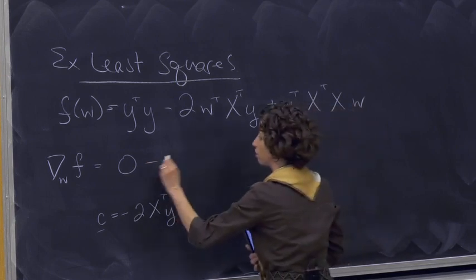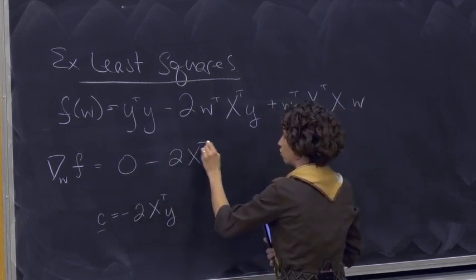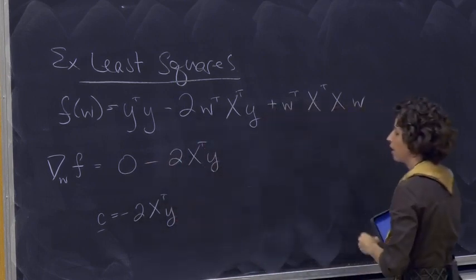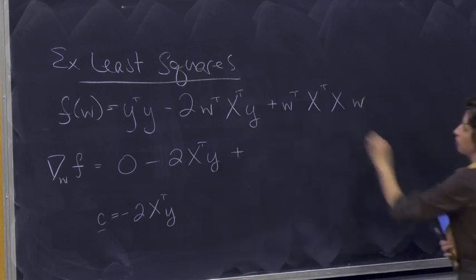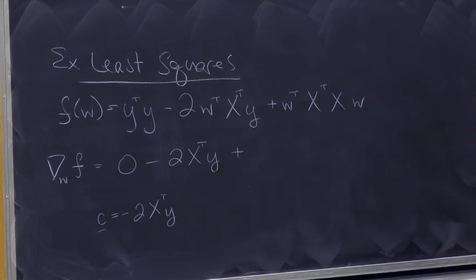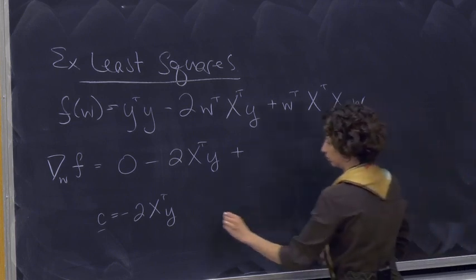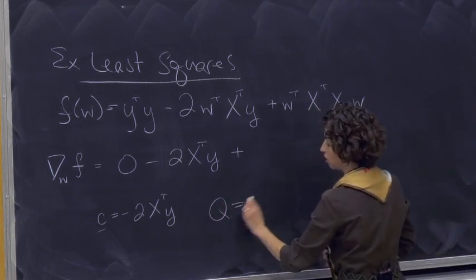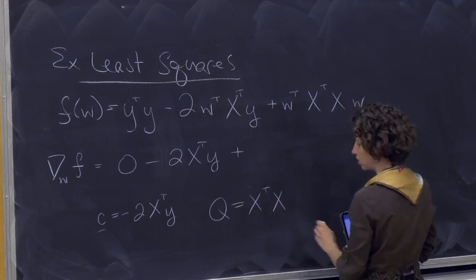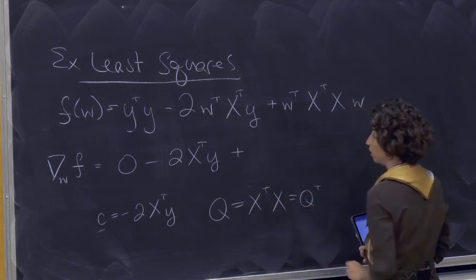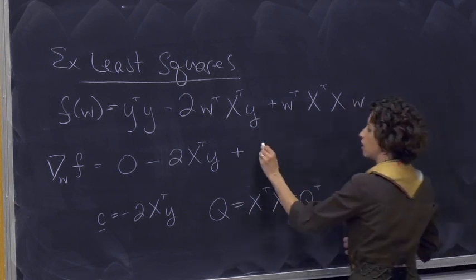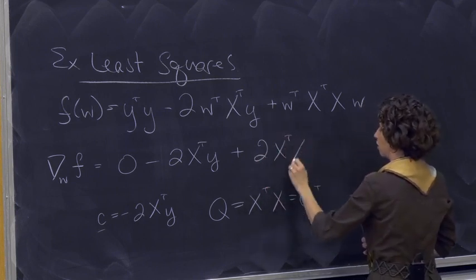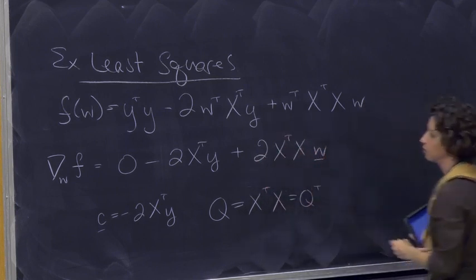So we're just left here with negative 2x transpose y. And then for the third term, how can we figure out the gradient of that? This is like example 3, right? Exactly. If we think of q as x transpose x, which in this case is equal to q transpose, then we're just left with 2x transpose x times w.